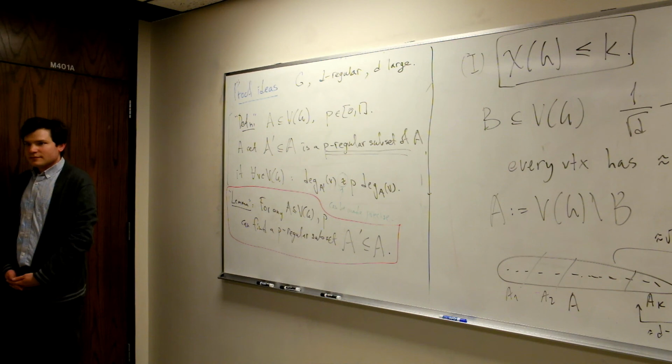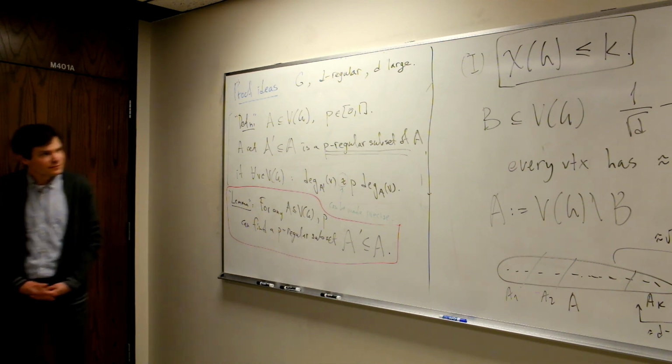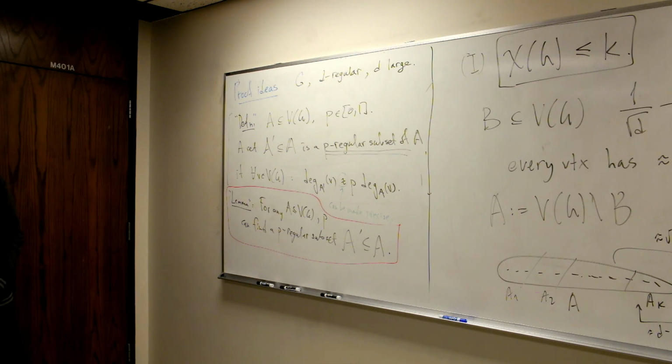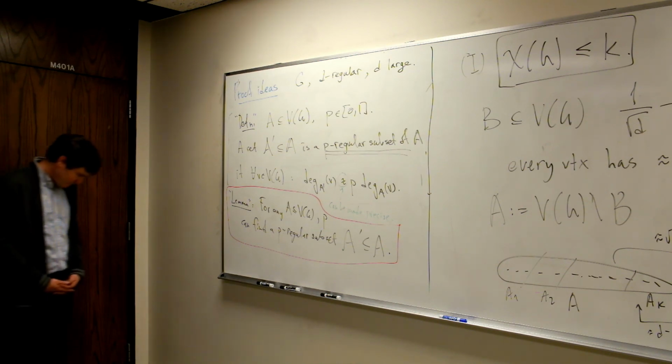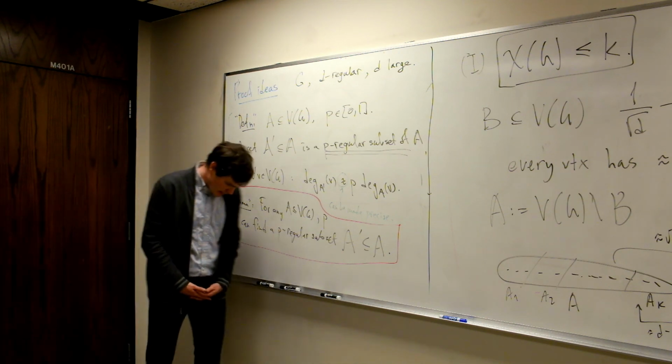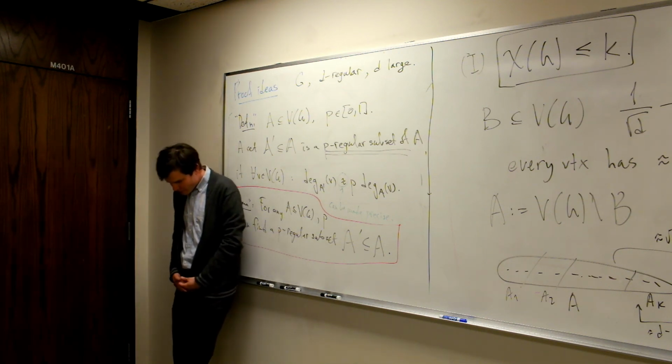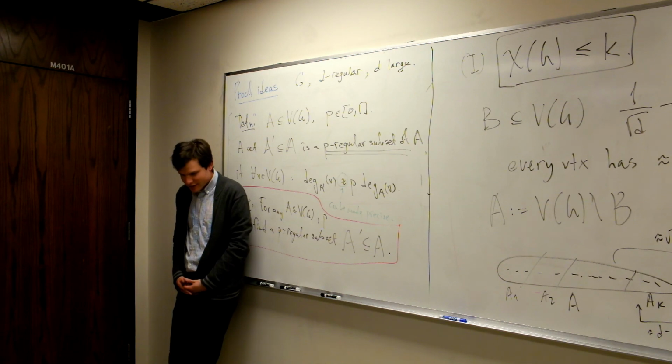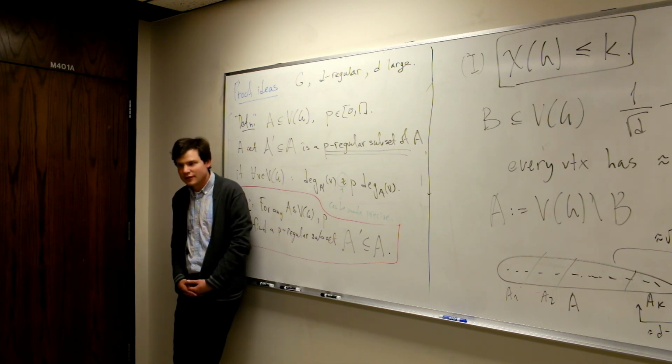Any other questions? Ask one more. Do discharging kind of arguments work for these too? Like, you remove some reducible configuration for list coloring, and then you mess with it. I would imagine that they should work.